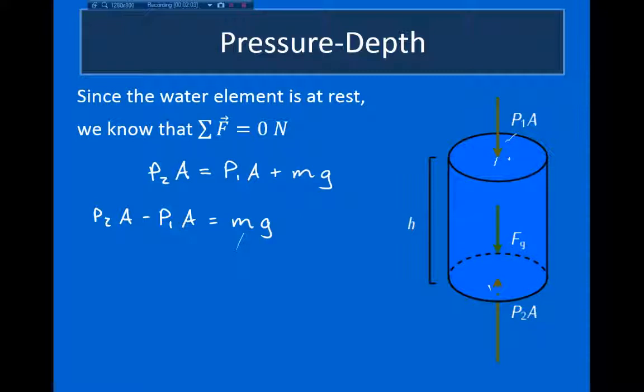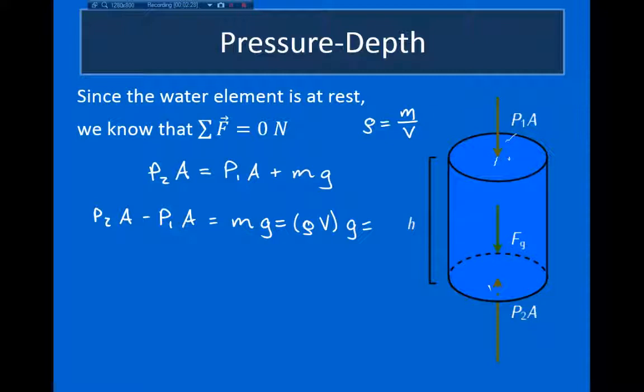It's not a real property of the liquid itself. So I want to rewrite this in terms of the density. Remember, mass density is equal to mass divided by volume, so mass is equal to mass density times volume. I could rewrite this as the mass density of the liquid times its volume times G.